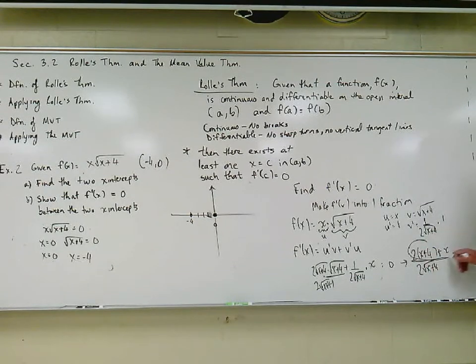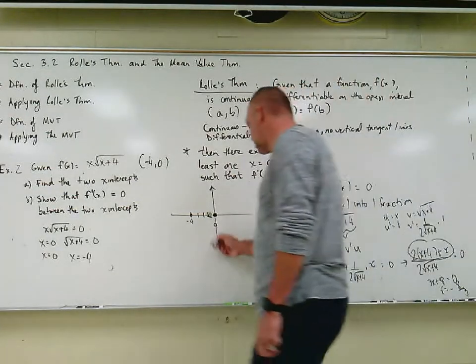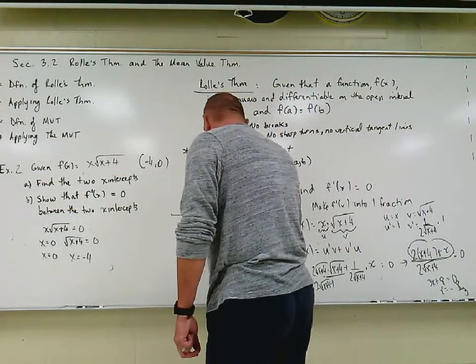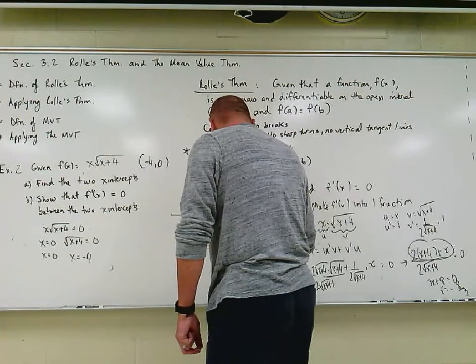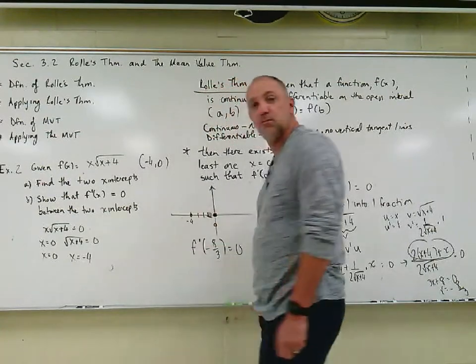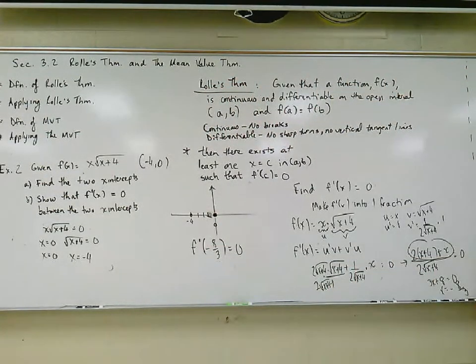We set that equal to 0, so 3x plus 8 is 0, and so x is negative 8/3. So we are saying that f prime of negative 8/3 should equal 0, and negative 8/3 is in between those two.